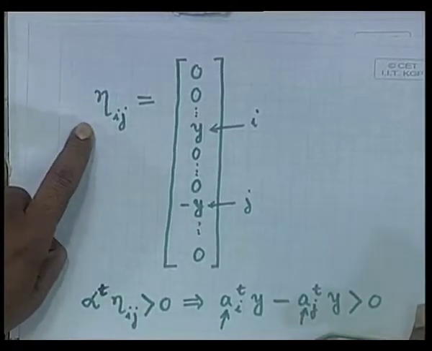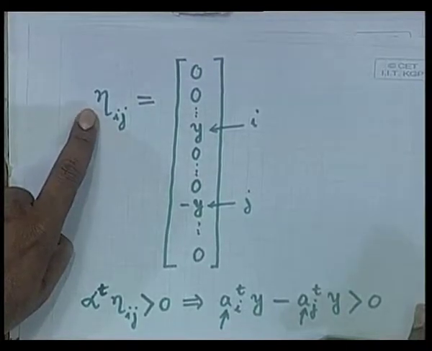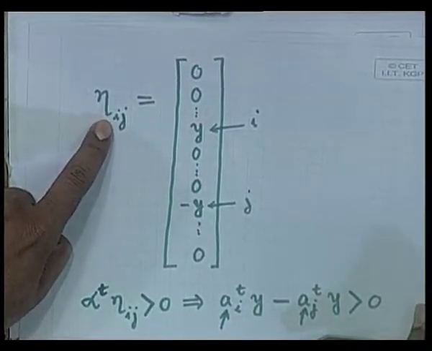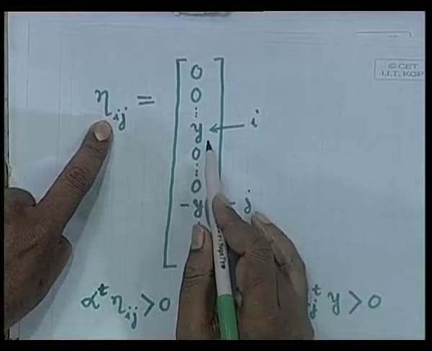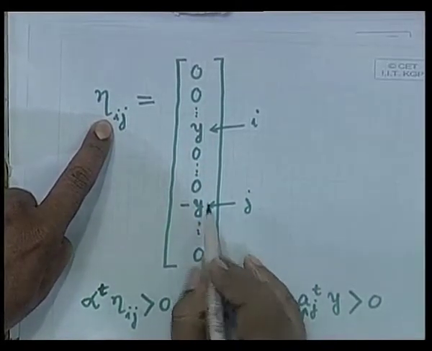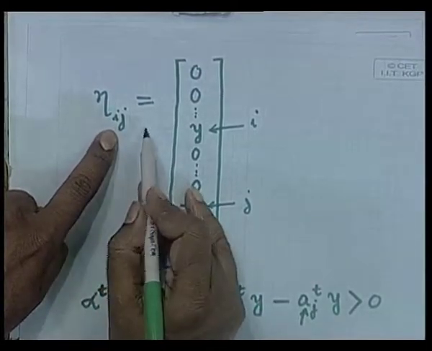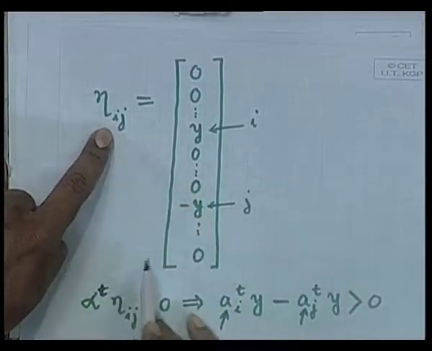Whenever I know that a sample belongs to class omega i, for every such j I have to generate eta ij, where the ith component will be equal to y and the jth component will be minus y. So, I have to generate eta i1, eta i2, eta i3, up to eta ic.